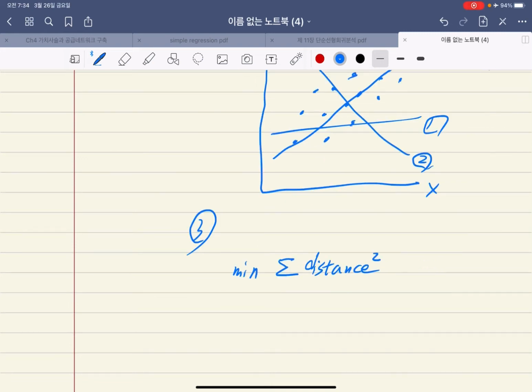So this means that to find the best line for representing this relationship is to find the line which minimize, right, the sum of distance squares, right? So this one is called the least square method.